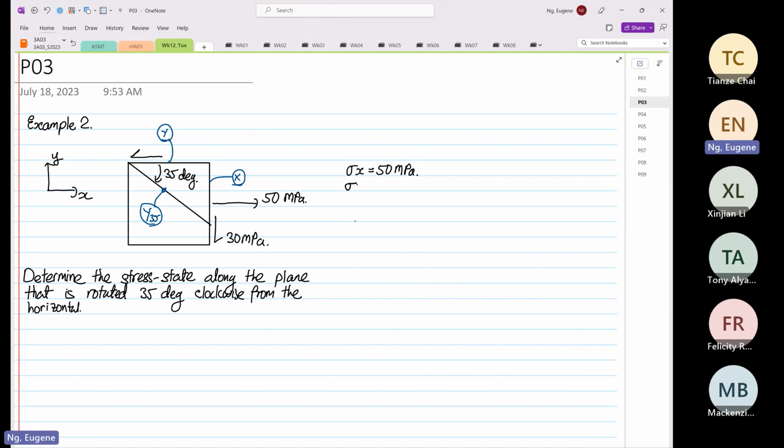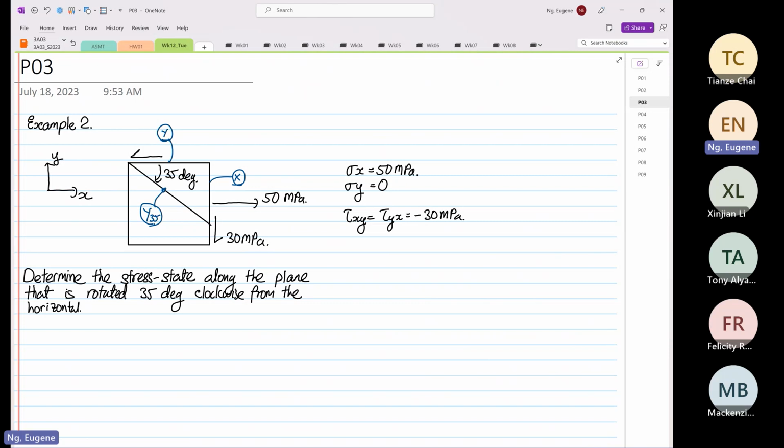We know that our stress Y is equal to 0. And we know that our shear XY is equal to shear YX is equal to minus 30 megapascal. Again, don't worry about the minus sign on shear, because on Mohr circle, the shear is dependent on the rotation of the element more than anything else.